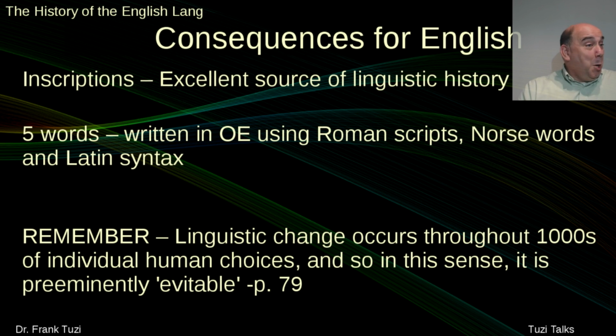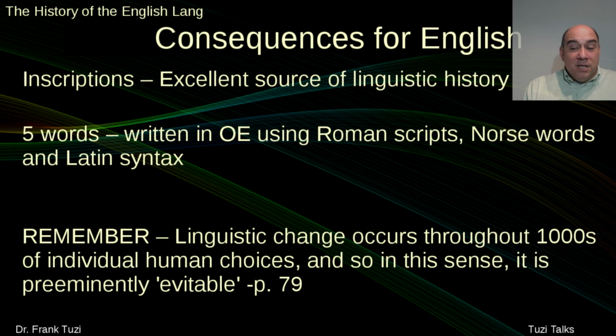Old English should be using Old English script, but here this is showing you the mix of languages. It's Old English using Roman script, and it has Norse words and Latin syntax. Okay? I would look at that and think, that's a mess. But it gives you a picture of what was going on with language at the time.